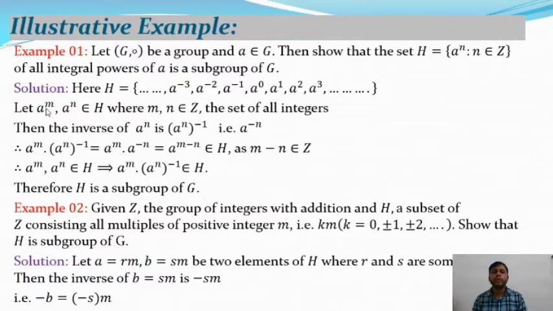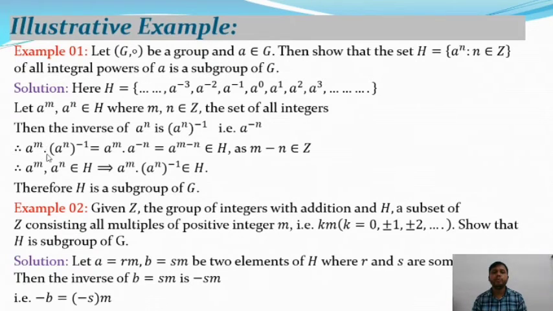And let a to the power m and a to the power n be two elements belonging to H, where m and n belong to Z. You know that Z is the set of all integers. So the inverse of a to the power n is a to the power n whole to the power minus 1, that means a to the power minus n.